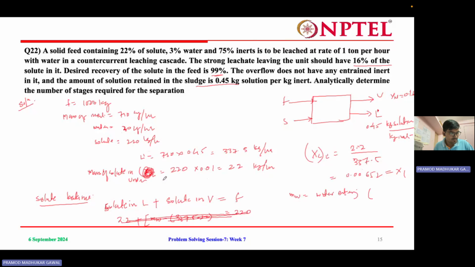So now the water present in this underflow is 337.5 minus 2.2, so 335.3 kg per hour, right? Water leaving with the sludge.